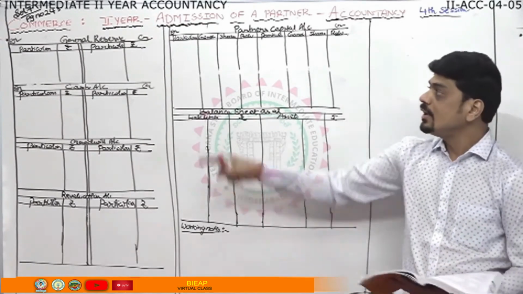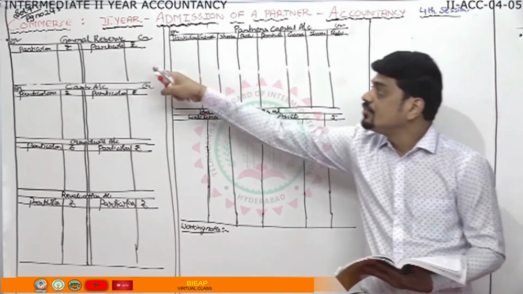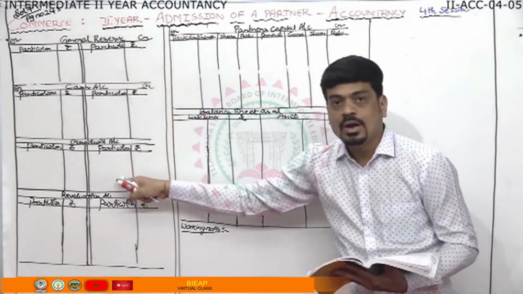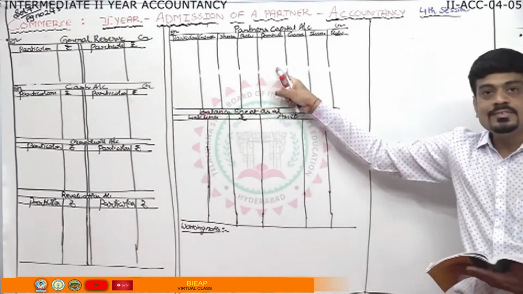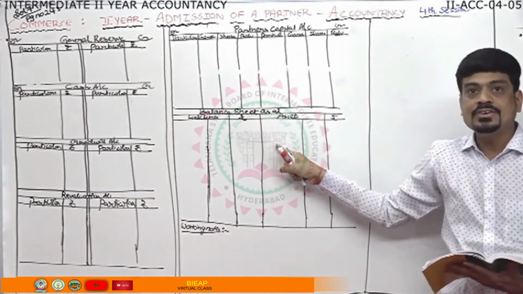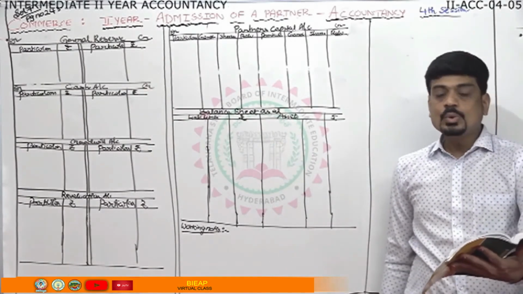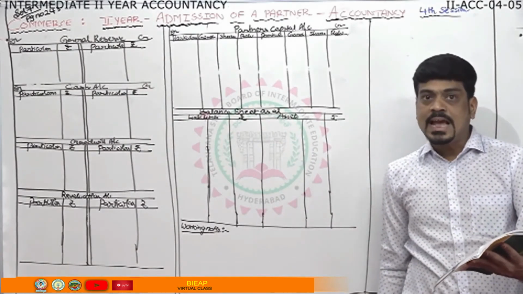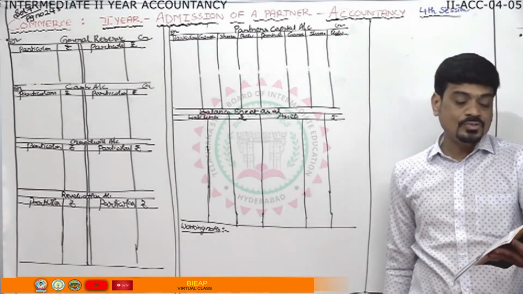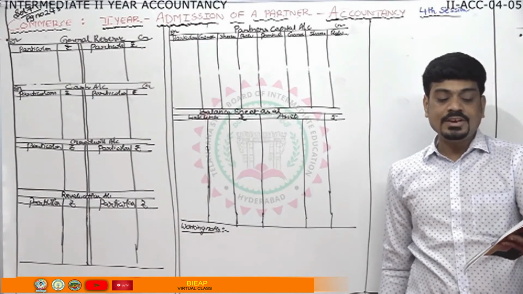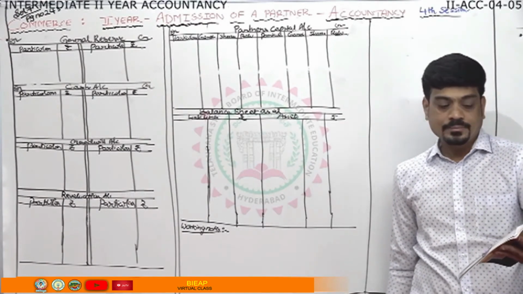As usual, I have prepared the accounts which are needed: general reserve account, cash account, goodwill account, revaluation account, partners capital account, and the balance sheet. If you look at the balance sheet, you come across various assets and liabilities and a few adjustments. Balu brings 75,000 capital and 40,000 goodwill.